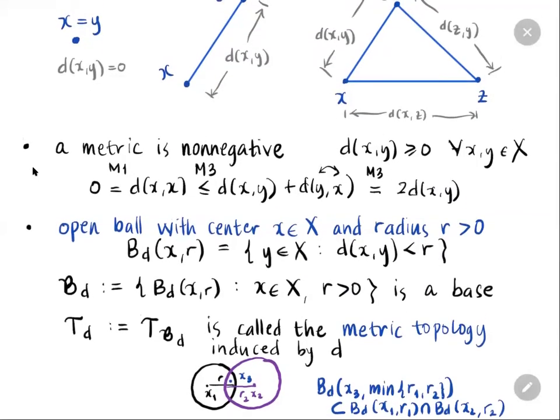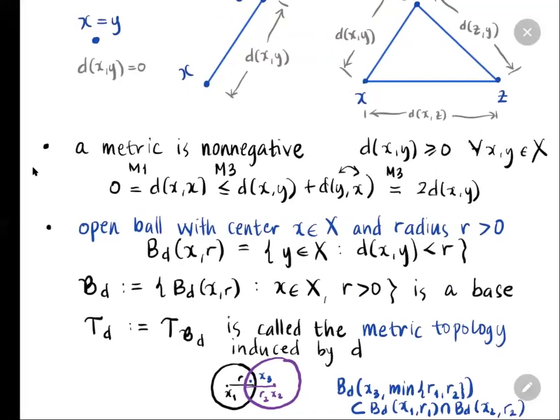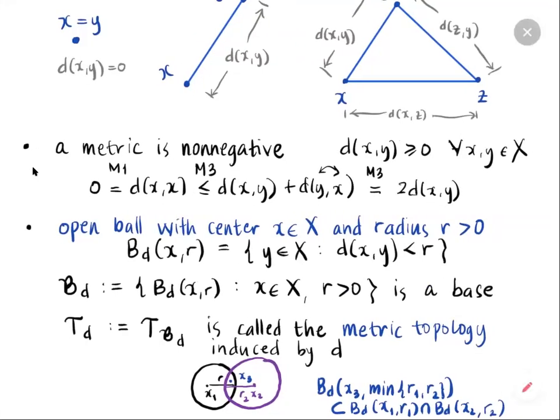Now that we have a base, recall that once you have a topological base, you can generate a topology. And this topology will be denoted by T sub D. So this is called the metric topology. Therefore, the metric topology is nothing but the topology generated by the base B sub D consisting of the open balls.